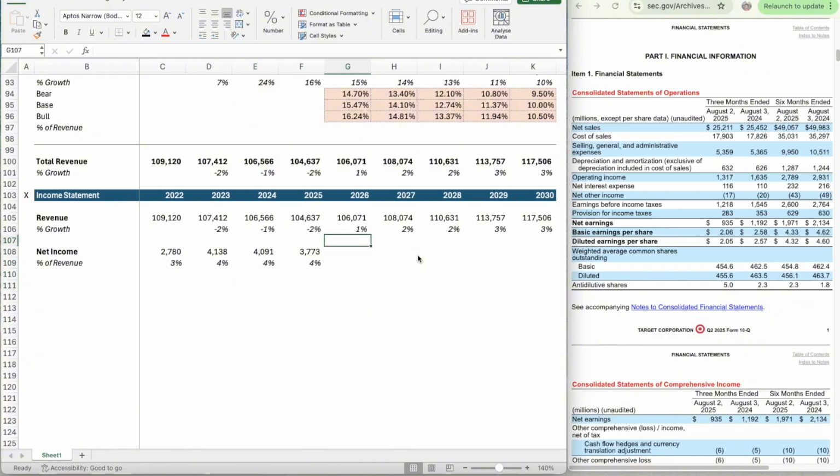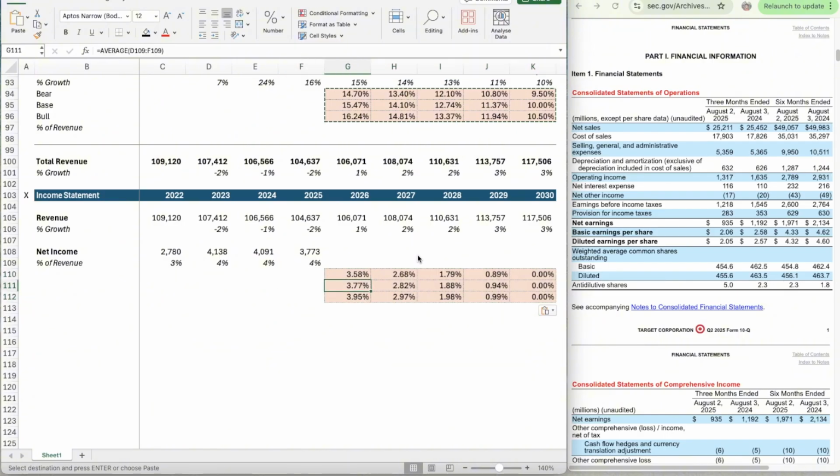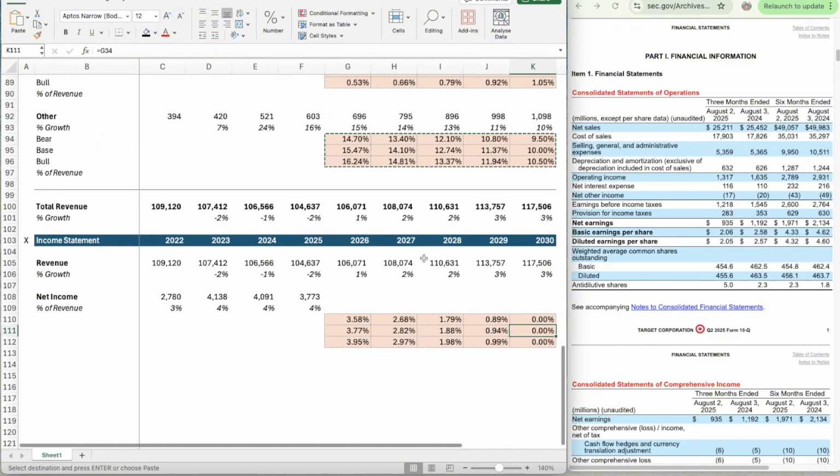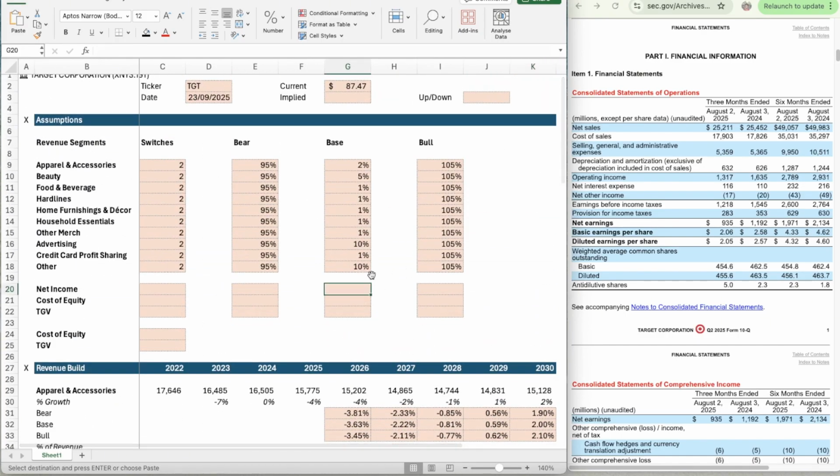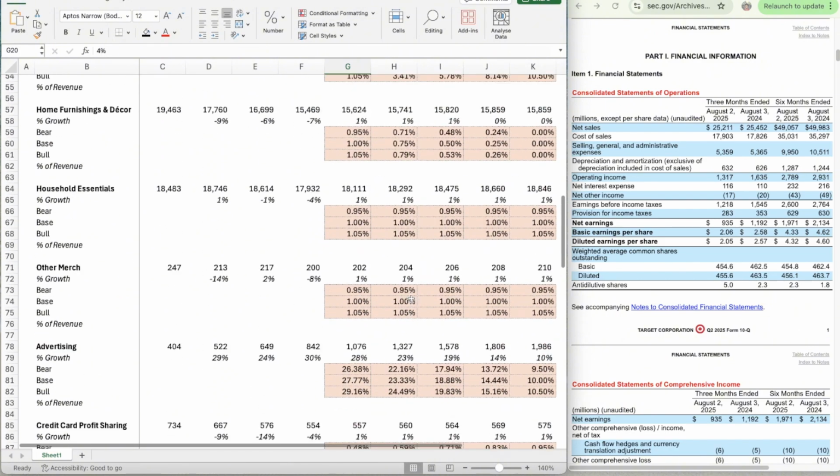Okay, let's just forecast out the, we can do that here. We don't need to do it in the next bit. Okay, 3.77, and we'll say, well, let's say it goes up to 4. G20.